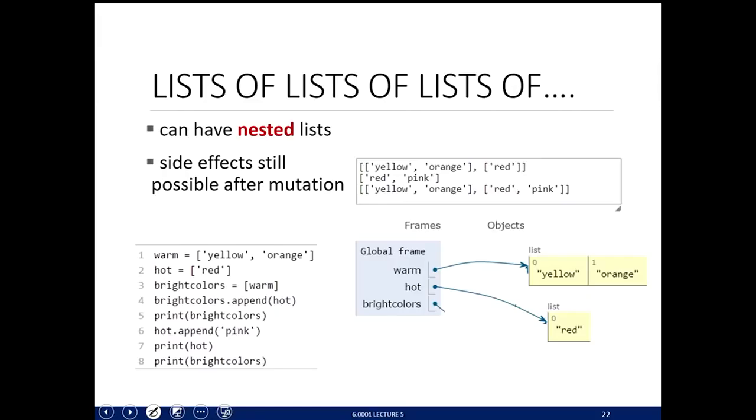So warm points to these 2 colors. Hot is equal to this, a list with 1 element. Bright colors is going to be a list. And the element inside the list is a list itself. So since it's a list, so this is your list. And the element inside here, which is a list itself, is actually just pointing to whatever warm is, that object. Okay.